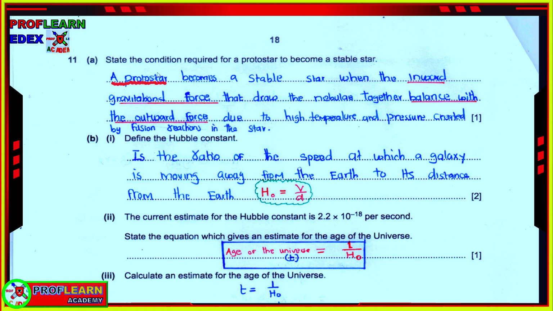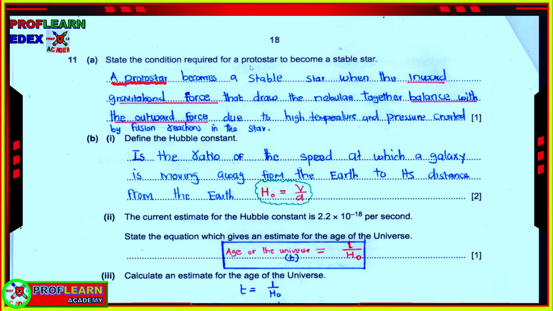When it's a protostar, remember there is an outward force created due to the high temperature and pressure within the core of the star. Then when this outward force is balanced with the inward gravitational force that is pulling the dust particles together, the star now becomes a stable star.